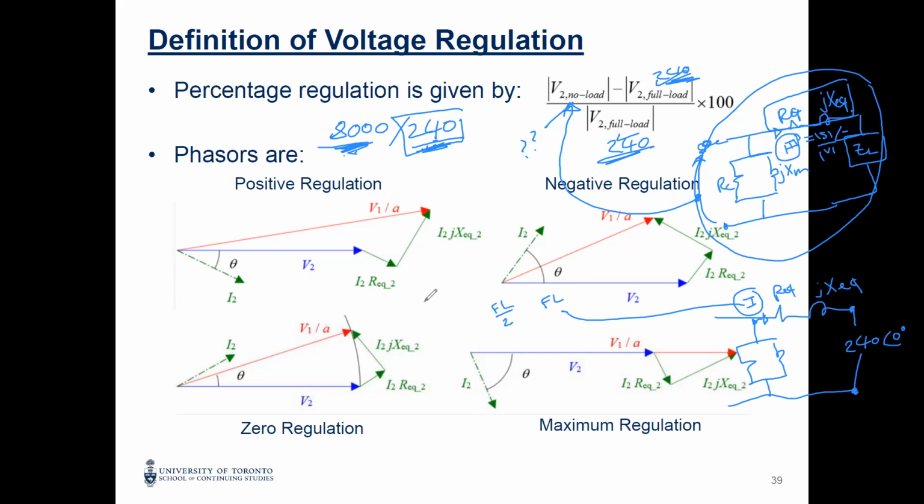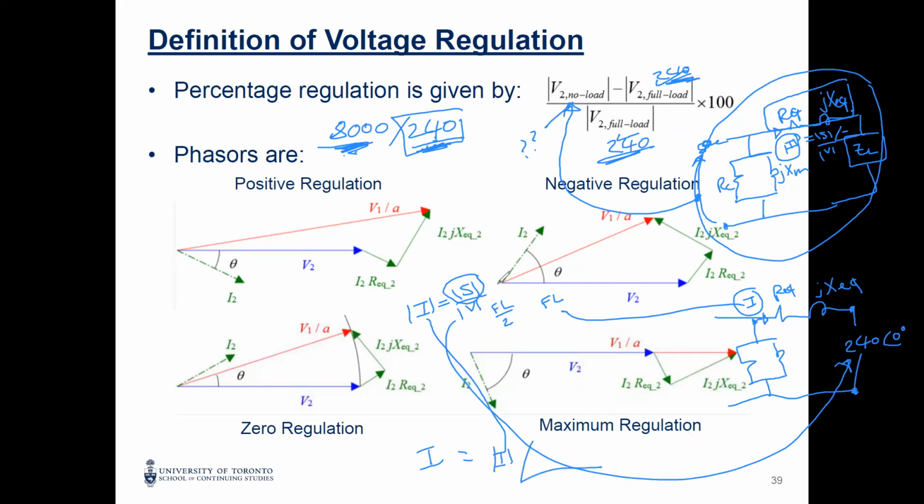So you get I as a magnitude equal to the S over the voltage magnitude. You know the voltage because it's 240. S will be given in the problem. How can I get the current angle? Now I got the magnitude. The angle usually in the problem, they will tell you full load and the power factor, let's say it's unity. So you know the angle is 0 for the current because it's the same angle as the voltage.